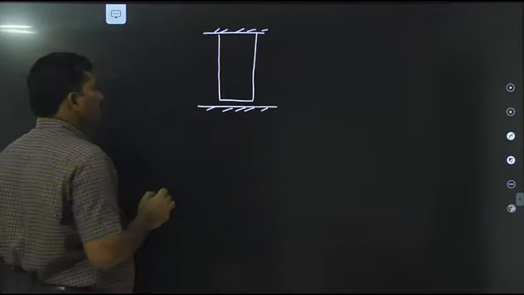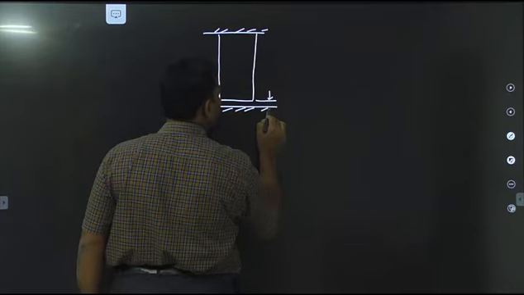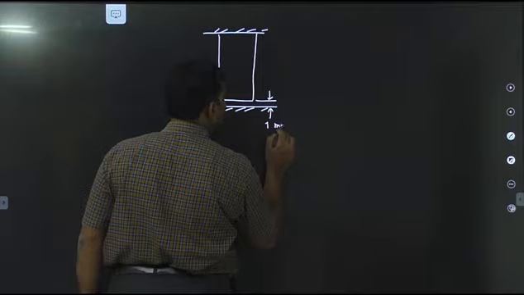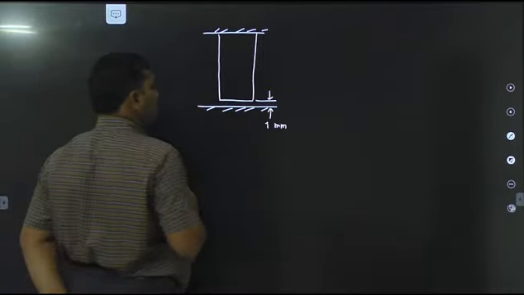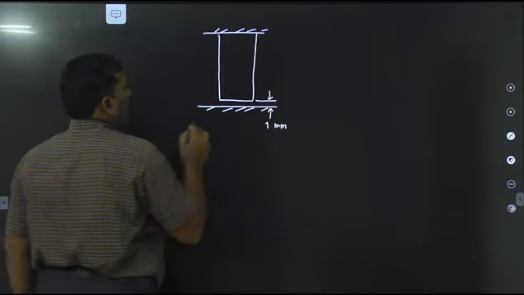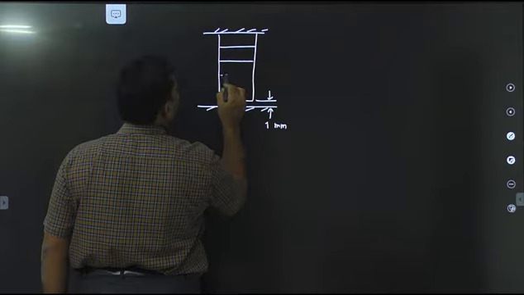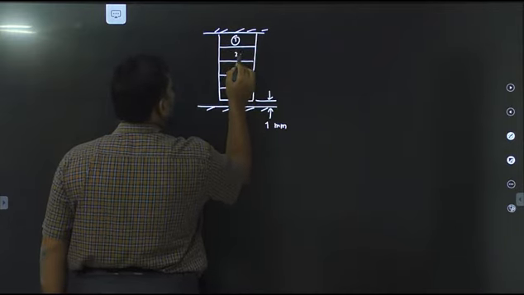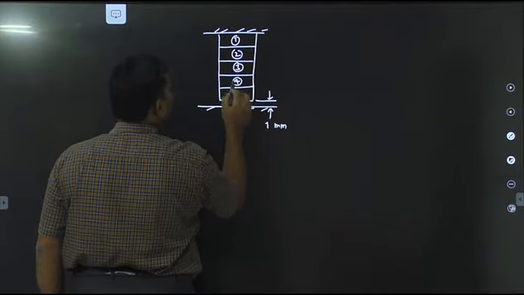I say this gap is, say, 1 millimeter. Right? Now, I implement the finite element method. I discretize this domain into subdomains like this. This is first element, this is second element, this is third, this is fourth, this is fifth.